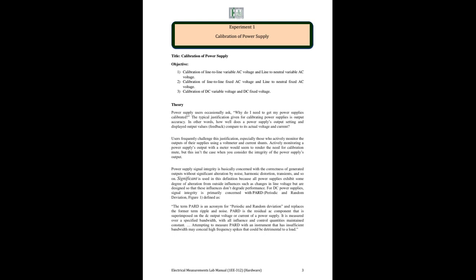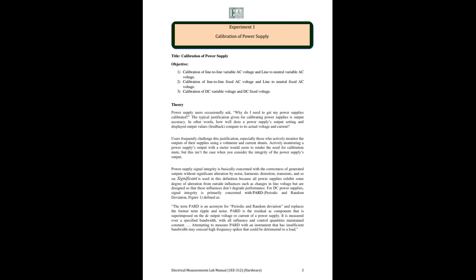First of all, we have to understand what is meant by calibration. Calibration means comparing. Whatever the supply voltage is, we have to check whether it is a normal rated voltage, under rated voltage, or over voltage. Why? Because we don't need under voltage and over voltage.